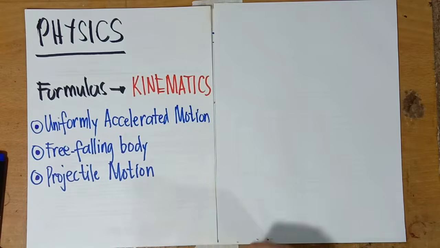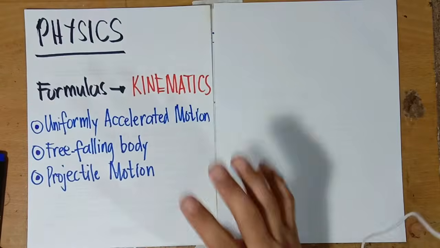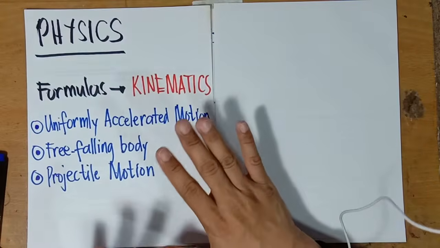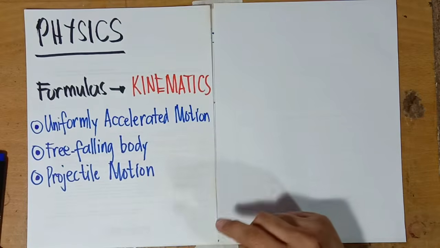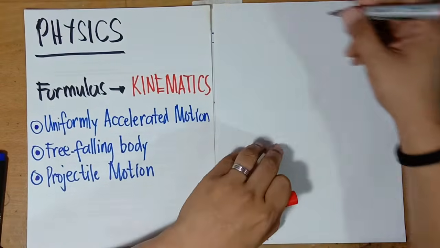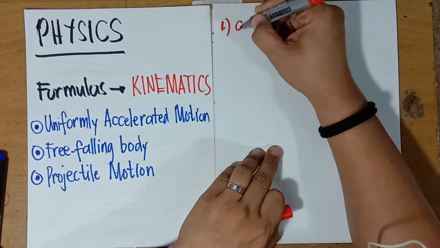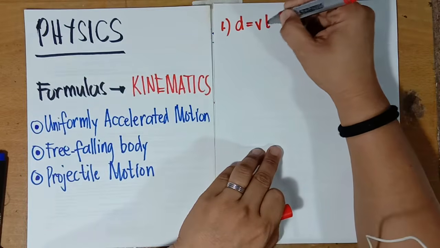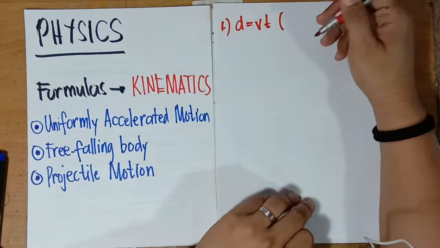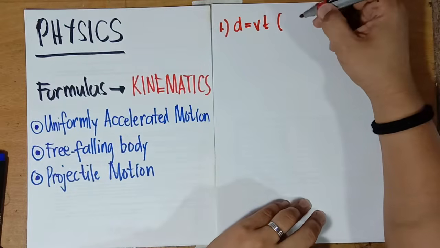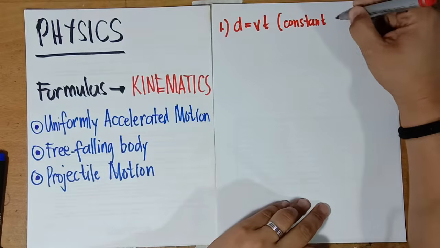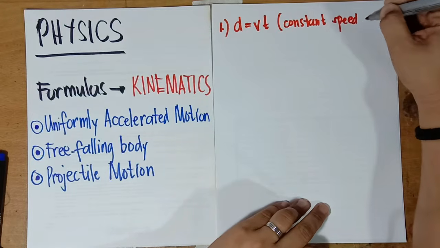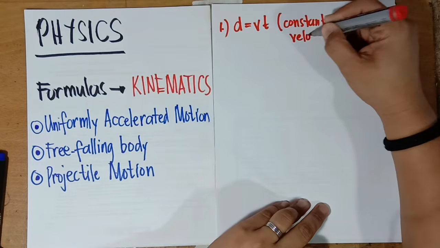Okay, now these are the formulas that will be used if you are going to solve problems regarding kinematics, and there will be three main formulas that we will be discussing here. The first formula is distance is equal to velocity times time, and this is actually being used if you are having constant speed or velocity.